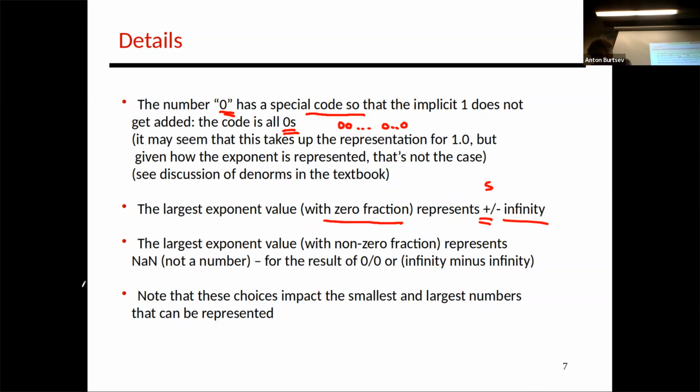There is another special number which is called not a number. It's, for example, a result of division by 0, which I was explaining to you last time. Mathematically, it's undefined, right? Because at some point the computation doesn't make sense anymore. But maybe you still want to compute. Maybe you have an array of numbers and you compute something for each element of the input, and maybe some inputs will provide meaningful results and some will be undefined, as not a number.